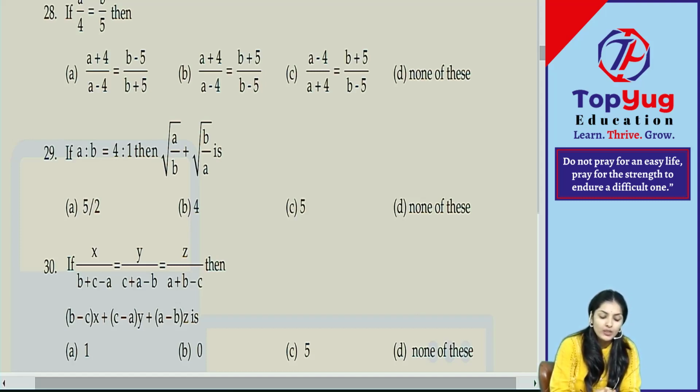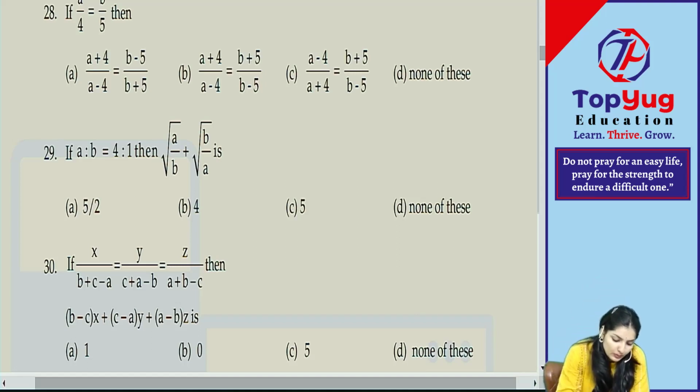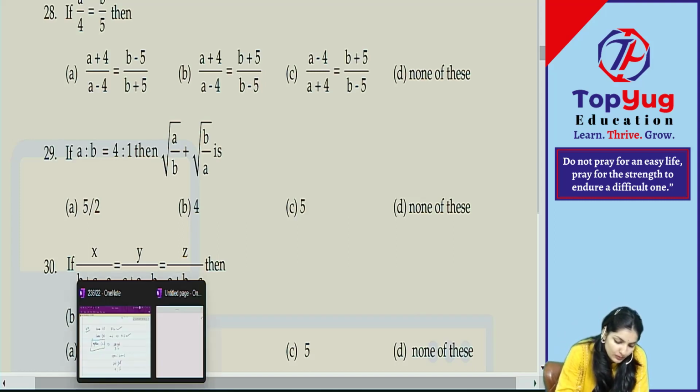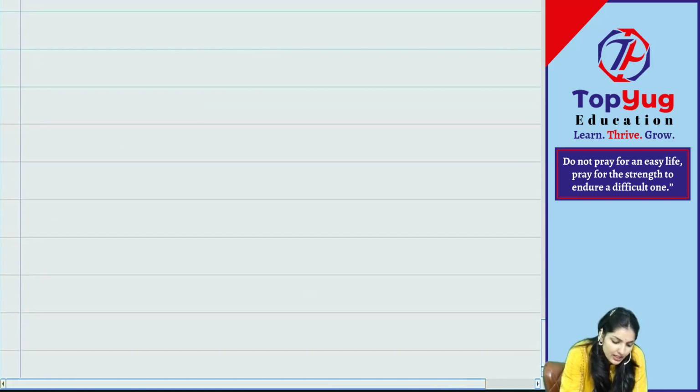Now 29th one. A value is given, B value is given. Try simplifying it. Pi by? Yes, I think something like that.